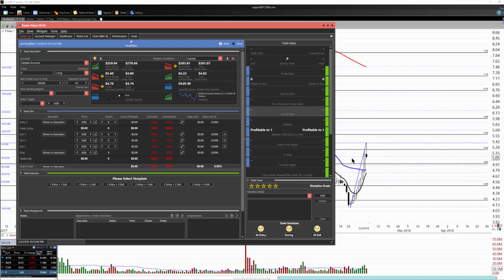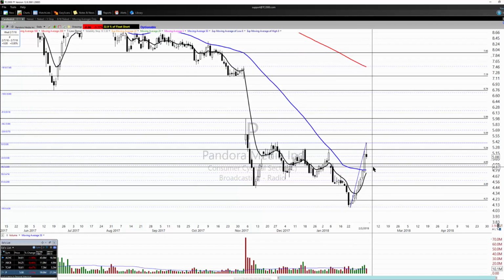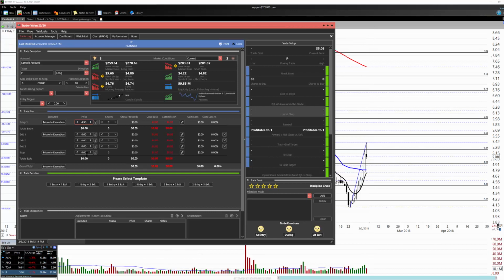Let's say that we could get an entry in here about 495, 496. Let's see what that would do for us. And if that is support, we're getting a bullish signal off of that. We can put a stop tight below that. So let's say that we're going to put 487 as our stop level. That's a very tight stop.